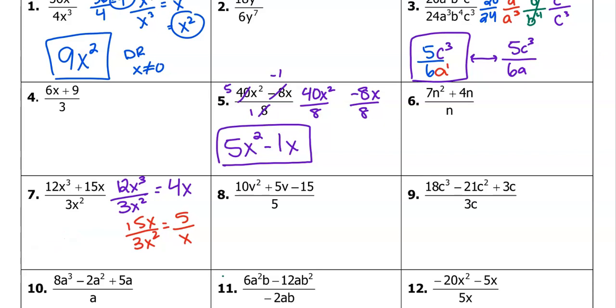Y'all, I am messing this up. Okay. Regroup. Go back. I got this. We have 4x plus 5 over x. I was making that way too hard. I didn't need to make it that hard. I don't know what I was doing. So because of this plus sign, we add our two pieces together.